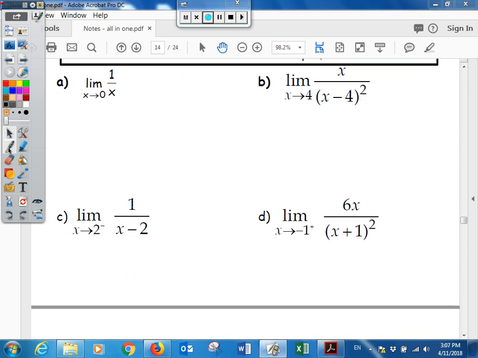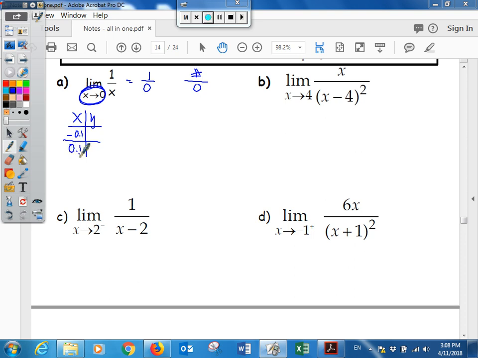On our first example, we've got a very basic one: the limit as x approaches 0 of 1 over x. When you plug in, you get 1 over 0. Once again, any number divided by 0, we need to test to the left and to the right of this value that we're approaching with our x's. So make yourself a little table of values. We approach from the left of 0, which would be negative 0.1, and from the right of 0, which would be positive 0.1.